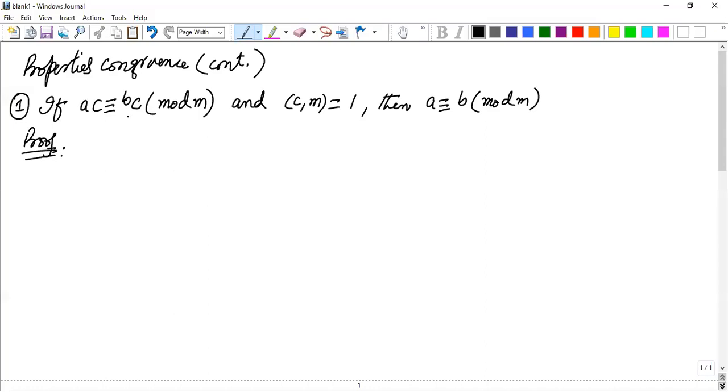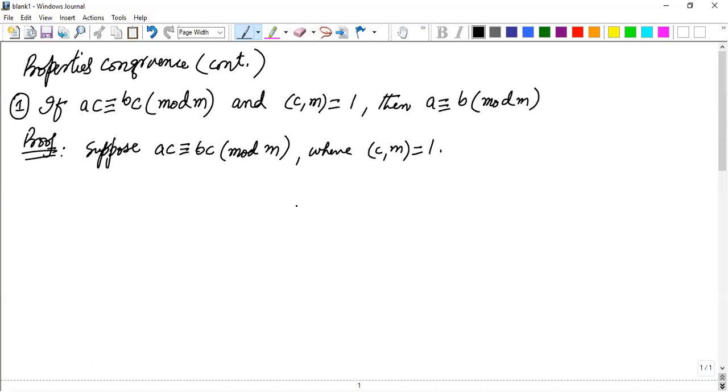Let's have a proof of this. Suppose AC is congruent to BC modulo M, where GCD of C and M is equal to 1.